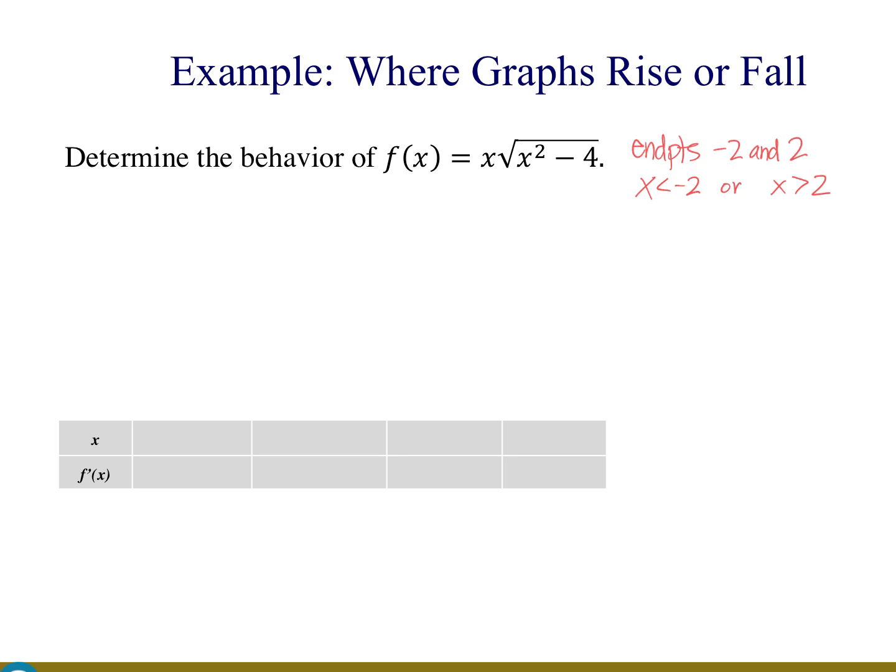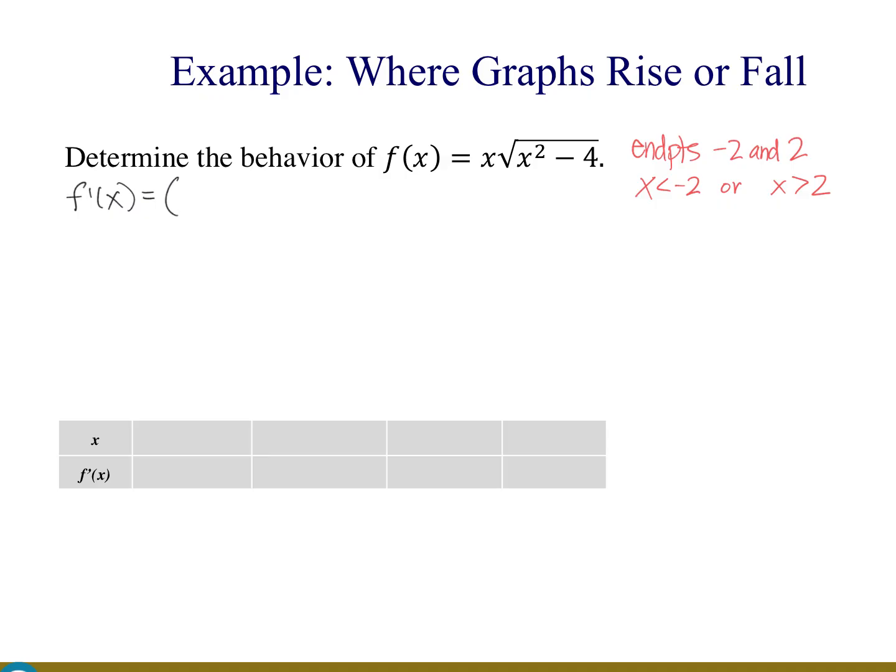But let's figure out where there might be horizontal tangents and there might be corners and cusps. So f prime of x. What am I going to need for this derivative? Not even just chain rule. I'm also going to need product rule.